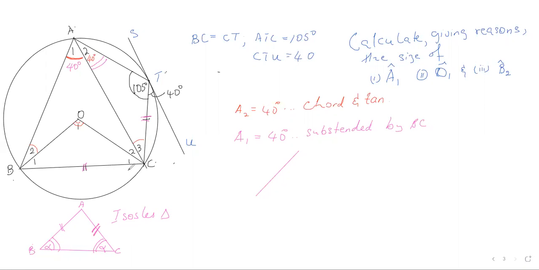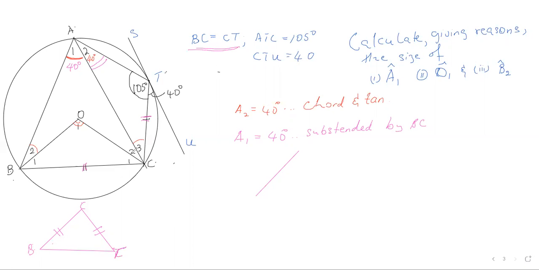We could have said it in a better way: we could have named this one B, this one C, this one T. So we say BC is equal to CT, as given up there.